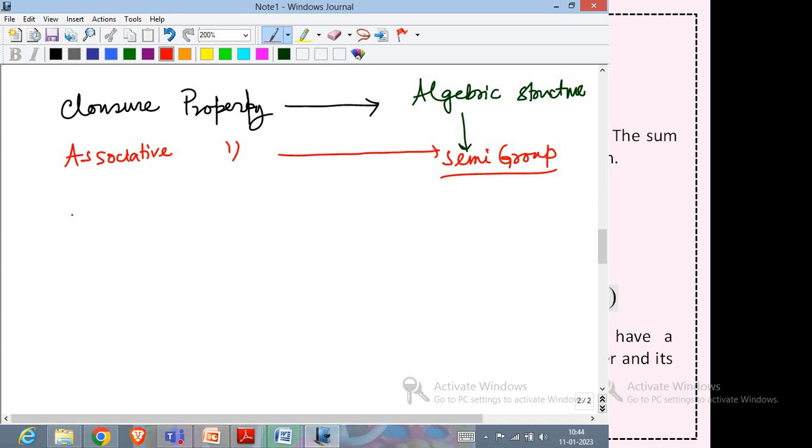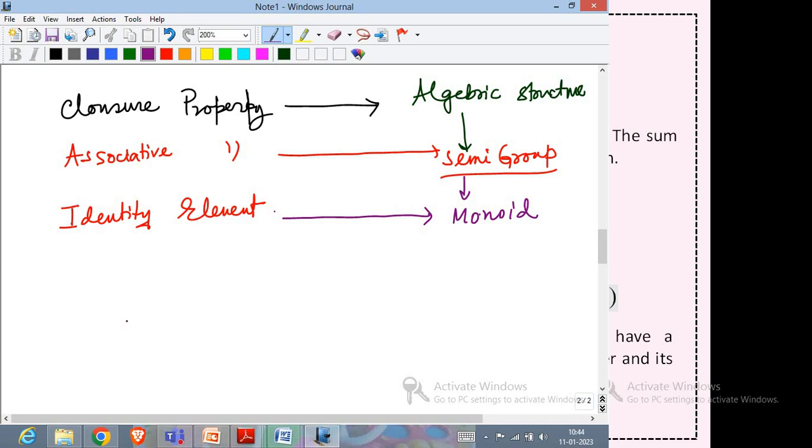Now if it also has an identity element along with the above two, then we will usually call this a monoid, M-O-N-O-I-D. We will not discuss that in much detail, but just for your information. So closure property, algebraic structure, associative and identity element, if you have these, we will call that whole set a monoid.